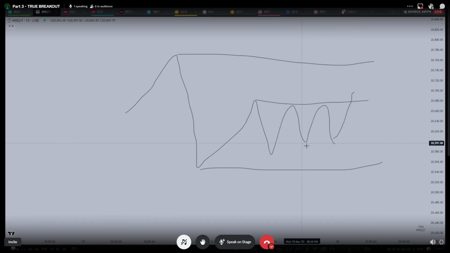Now, what if price tags this and keeps going till here or even higher? How to frame that? That's when you use true breakout.